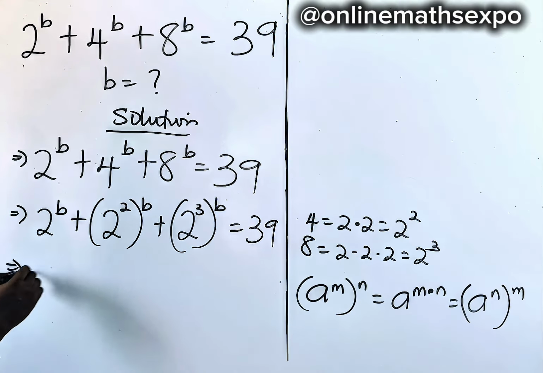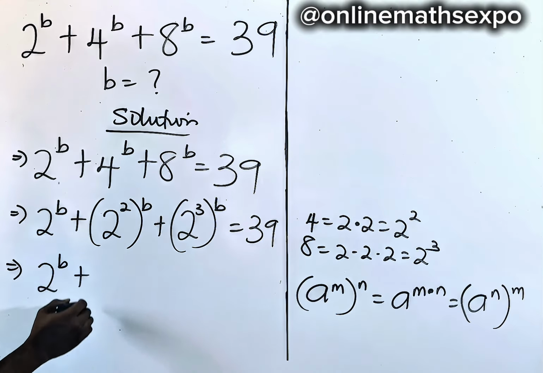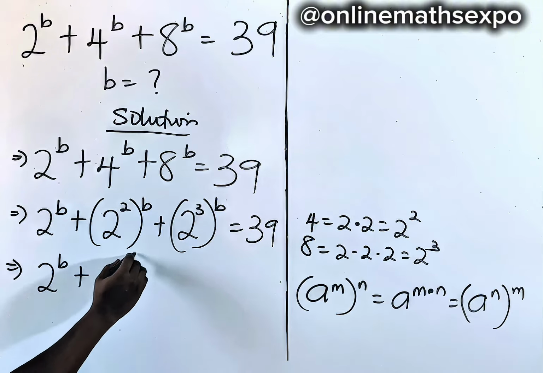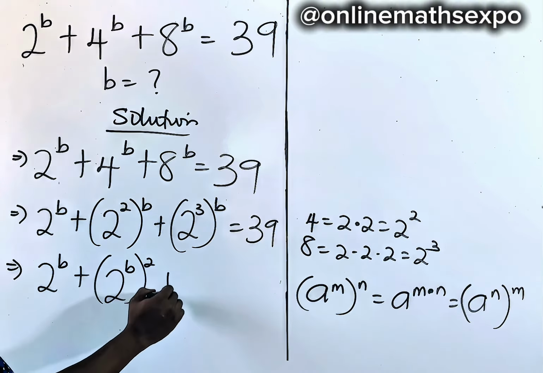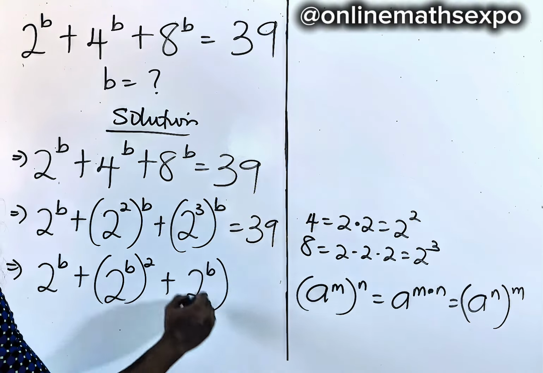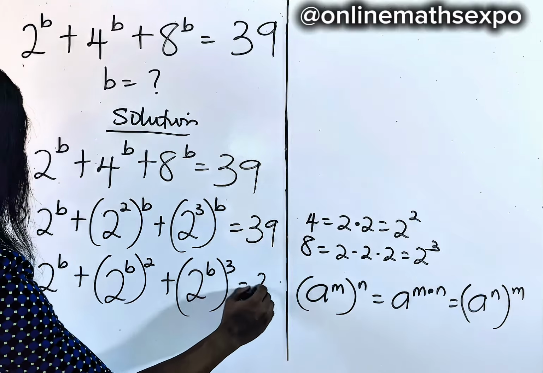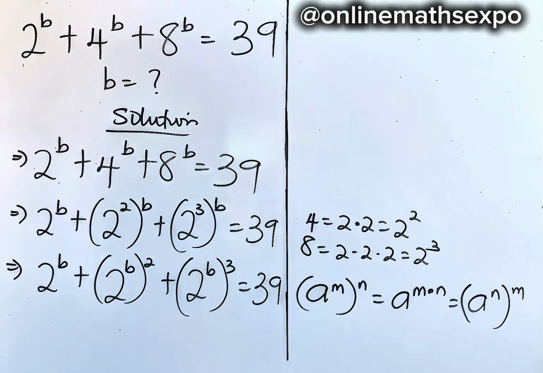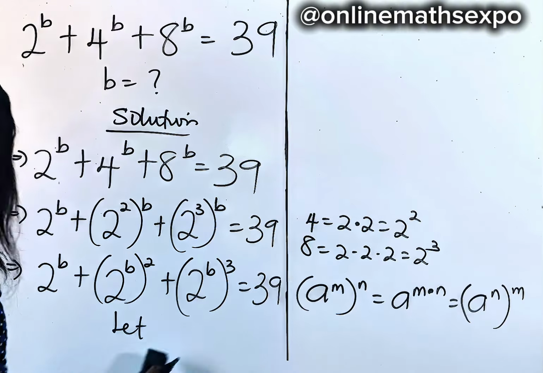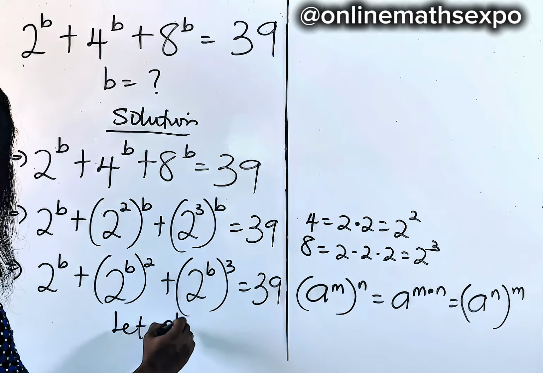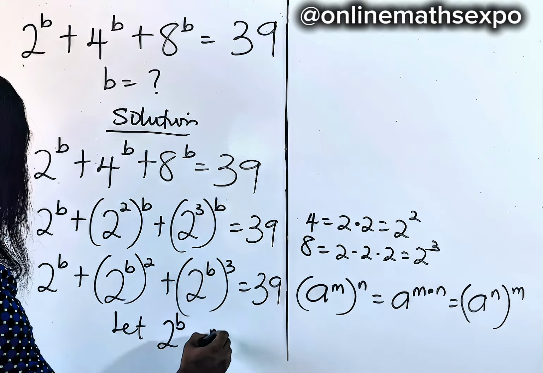So we are free to rewrite this to be 2 to the power of b plus 2 to the power of b raised to power 2 plus 2 to the power of b raised to power of 3 is equal to 39. These are all the same, so you are free to let 2 to the power of b be equal to m.